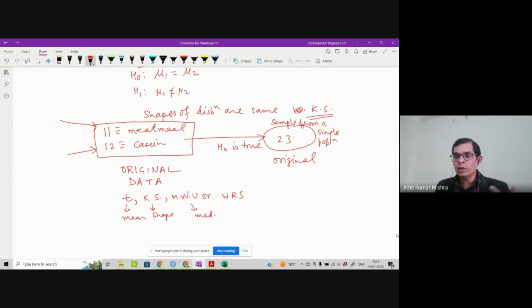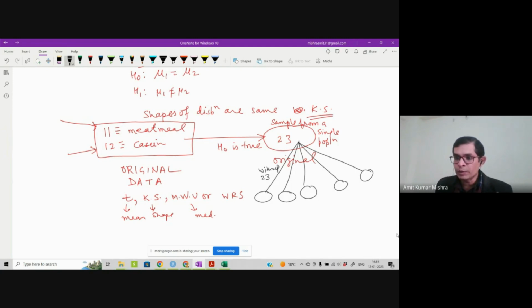Now what we will do in Bootstrap, we will resample, of course 23 with replacement. So you will find resamples or bootstrap samples: first bootstrap sample, second, third, fourth, fifth, and the last one is the Bth bootstrap sample. Now we have these bootstrap samples.